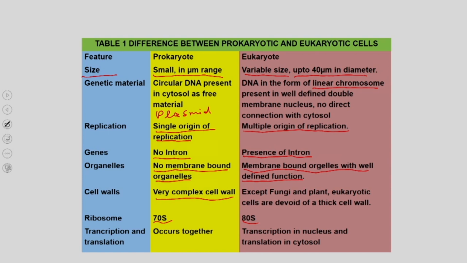Transcription as well as translation occur together in prokaryotes, whereas they occur separately in eukaryotes, because transcription occurs in the nucleus, whereas translation occurs in the cytosol.